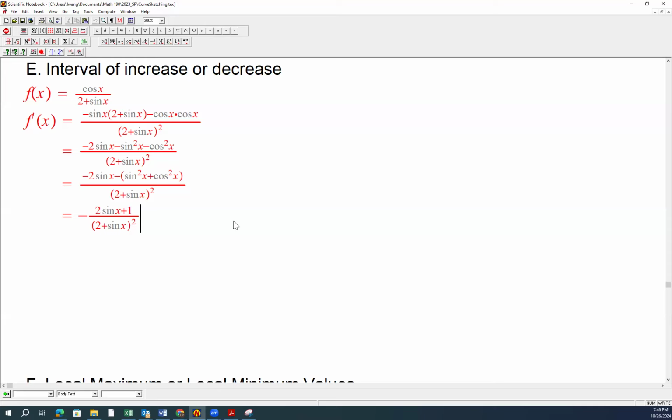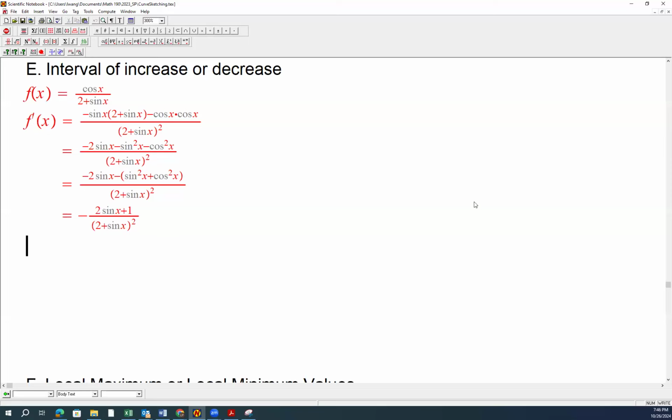So now the first order derivative is found. And what do we need it for? We need it to determine the intervals of increasing and decreasing. The denominator is always positive, right? So it's the numerator and the negative sign that together determine whether the derivative is positive or negative.